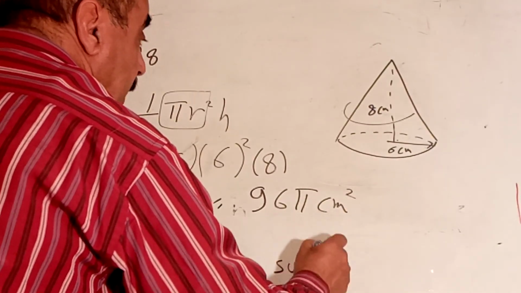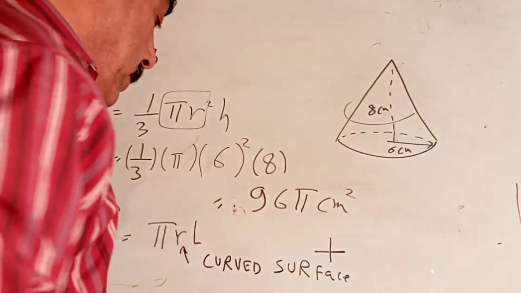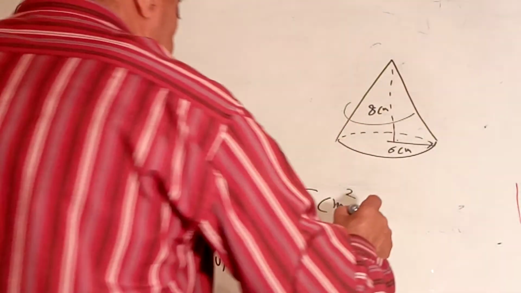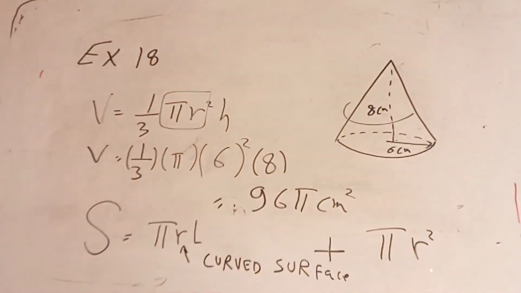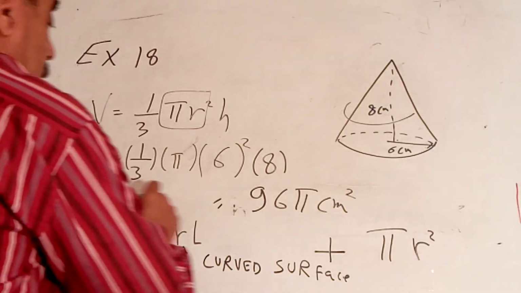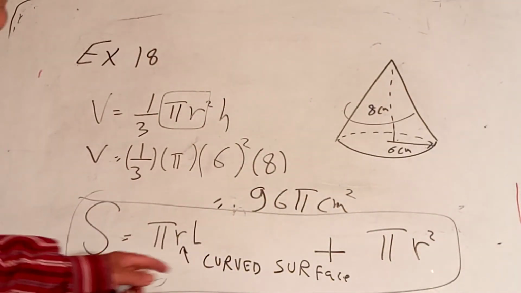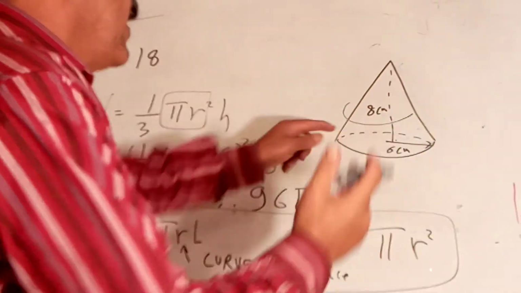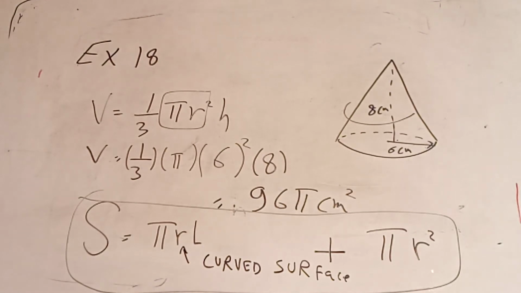But we have to add the surface of the base, which is pi r squared, so plus pi r squared. So this is the surface: the curved surface, which you can see from the sides, plus the surface of the circle. So two of them, okay? Just take a look before I erase.